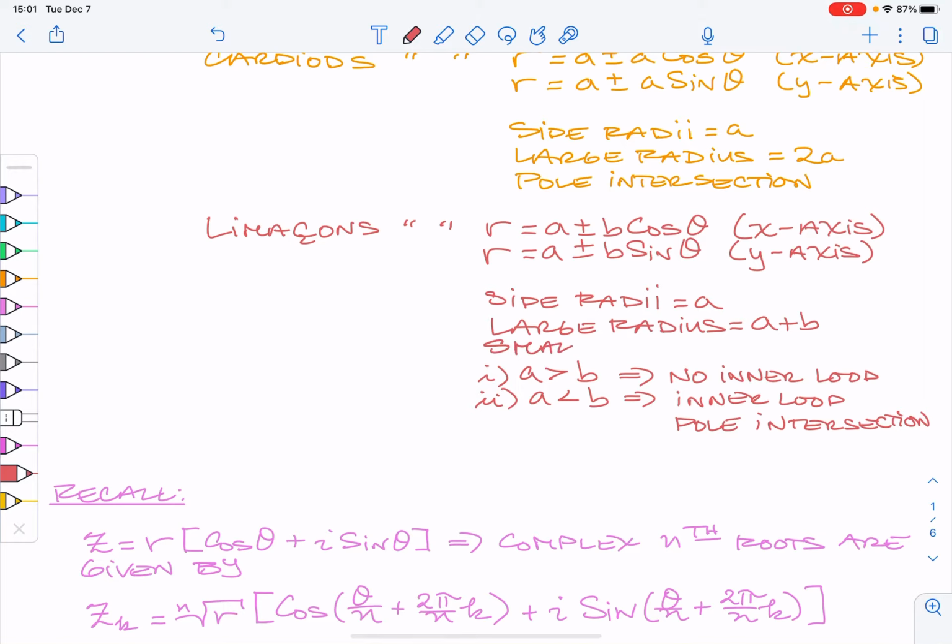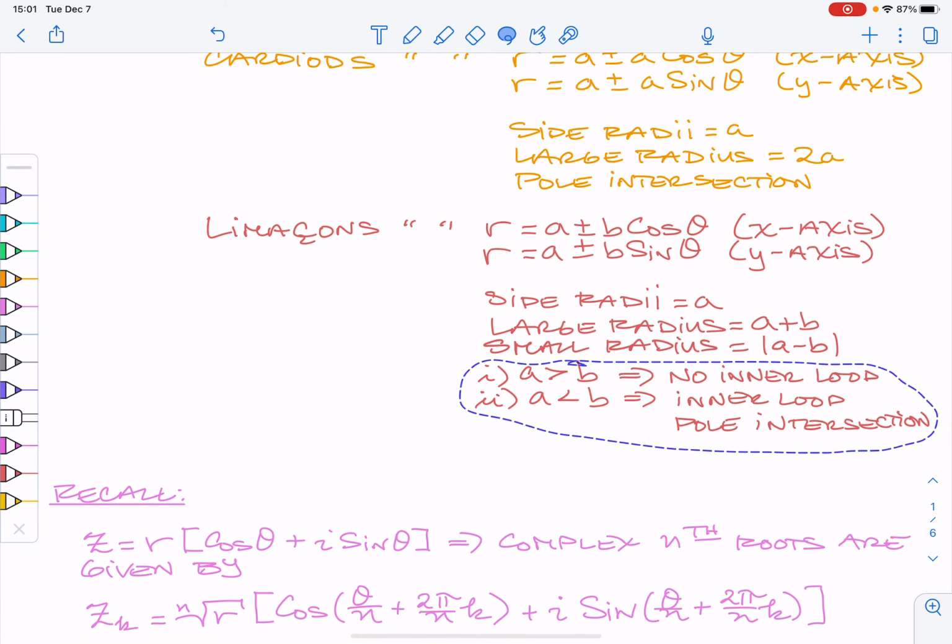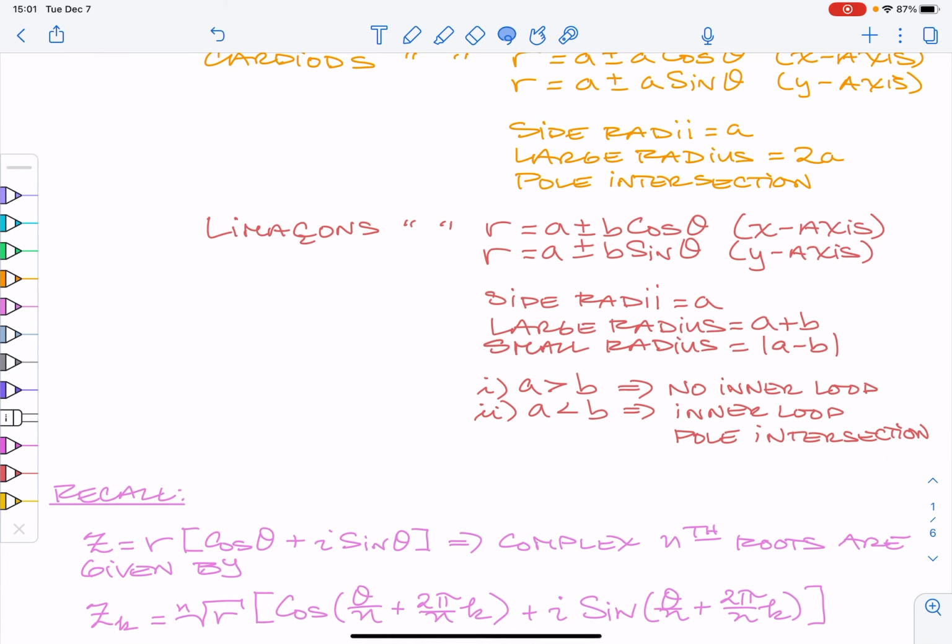Small radius is the absolute value of a minus b, because there are two different cases, right? If a is larger than b, then there's no inner loop. And if a is less than b, there is not only an inner loop, but we intersect the pole.